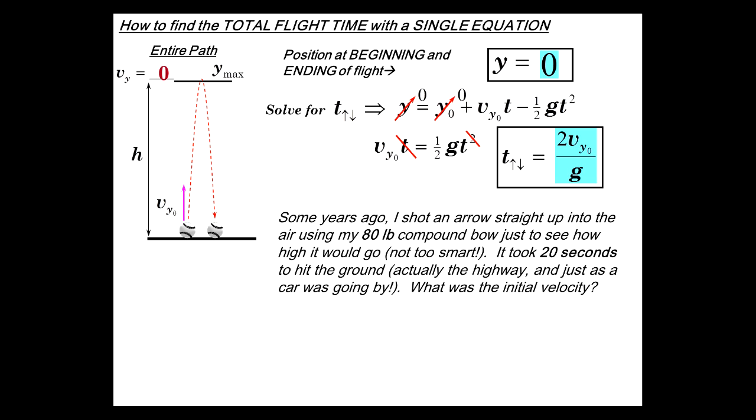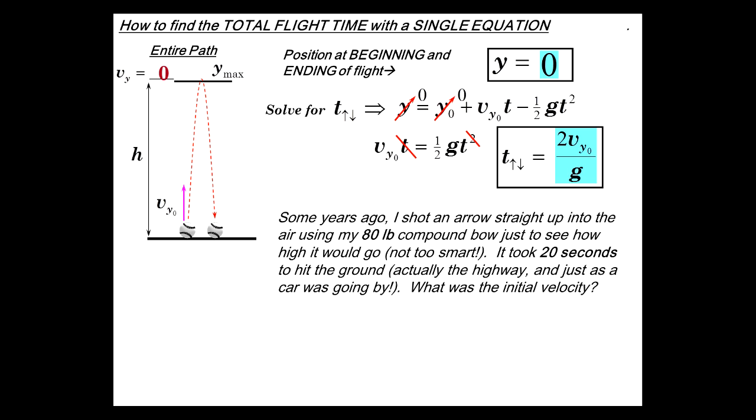My wife and I were there, and I had my 80-pound compound bow, and there was a time I went out and I thought, you know what, wouldn't it be nice to shoot this straight up in the air and see how high the arrow goes. I'm not going to implicate myself totally on this video, but I will let you know that it wasn't a real smart thing to do. Hey, I got a good idea. Yeah, really good idea. I'm going to assume it took 20 seconds to come back down. Turns out it had a close encounter with a car. So maybe I'll describe that more for you in class if you want to know the details.